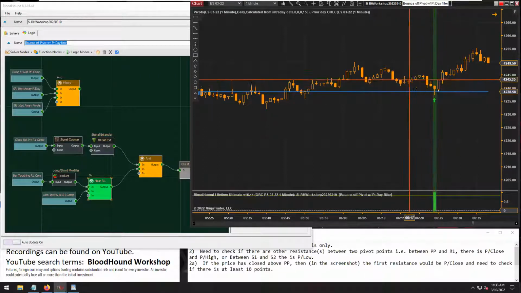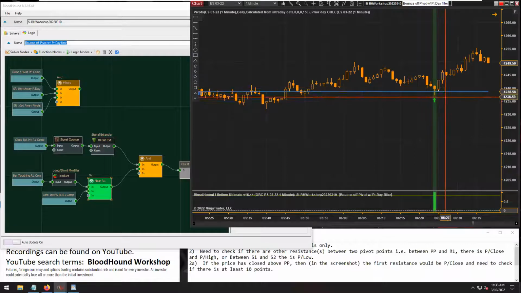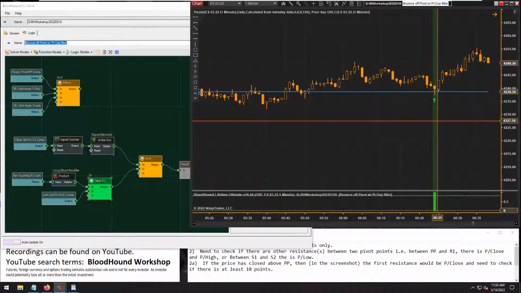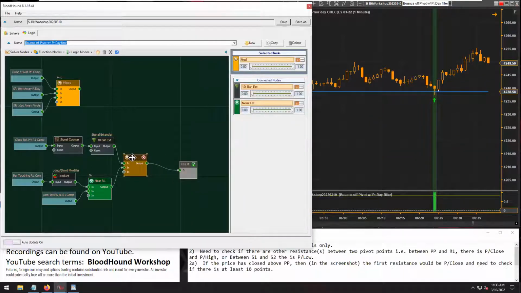Since this would be a long bounce, we need an up bar to confirm that a bounce is actually happening. So the long signal is on a down bar, and we need to extend this long signal forward enough so that price has enough bars to turn around and produce an up bar.